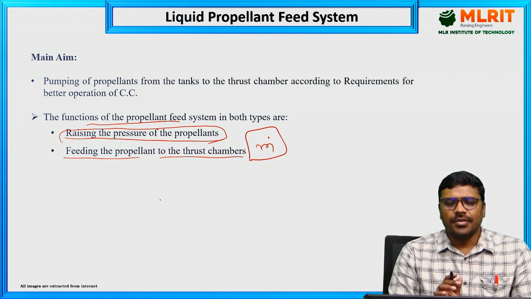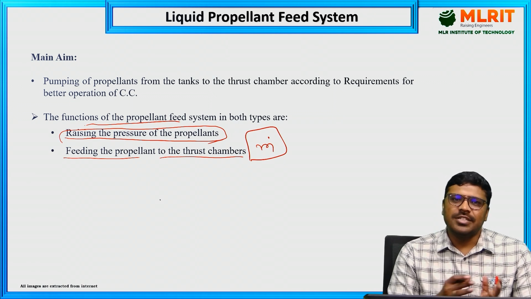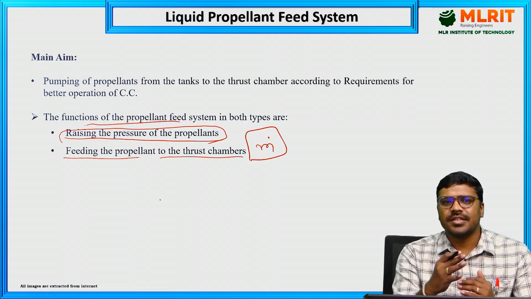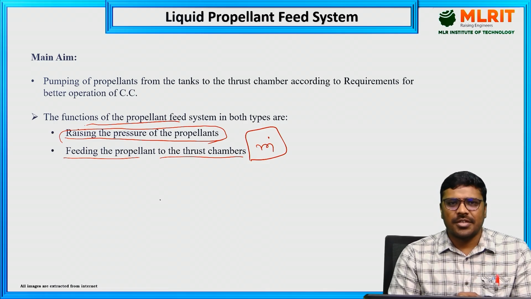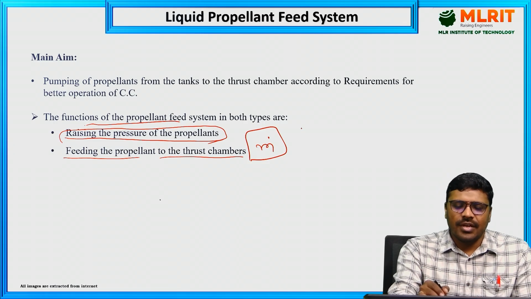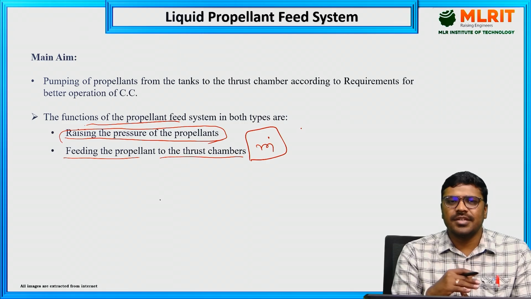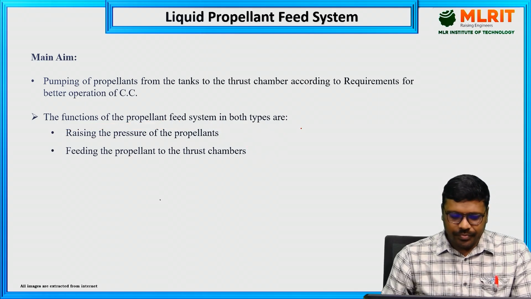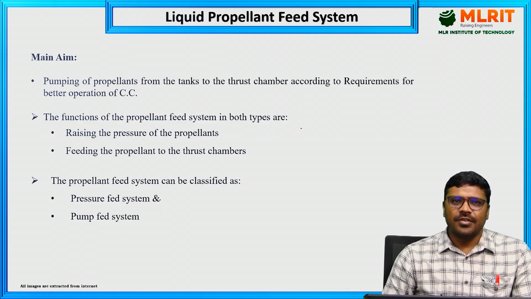The pumping system also maintains the proportion of fuel and oxidizer which we are sending into the combustion chamber. Even the oxidizer to fuel ratio will be maintained by the pumping system.